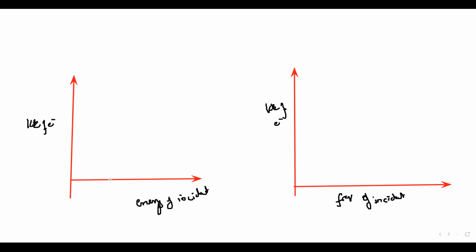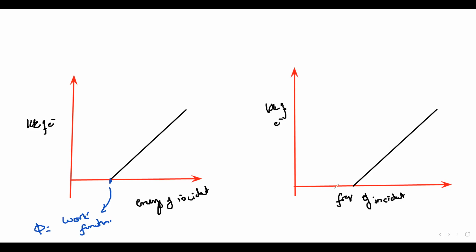It will be a straight line, but it will not start from the origin because there is a minimum frequency and minimum energy needed for this process to occur. The minimum energy needed to remove the electron out is called the work function, denoted by phi.